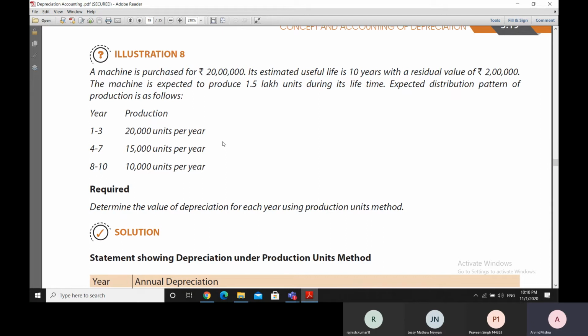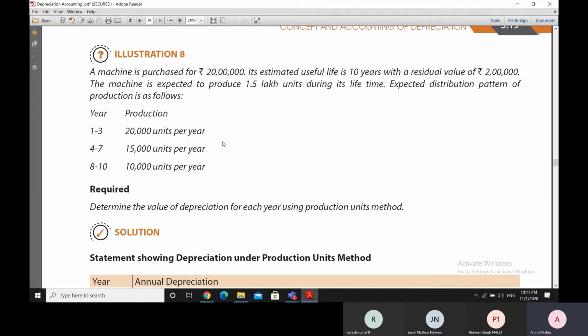Let's say a machine is purchased for 20 lakh rupees, and let us say that its useful life is 10 years, and finally it will be sold for scrap for 2 lakh rupees. So its residual value, so to say, is 2 lakh rupees.